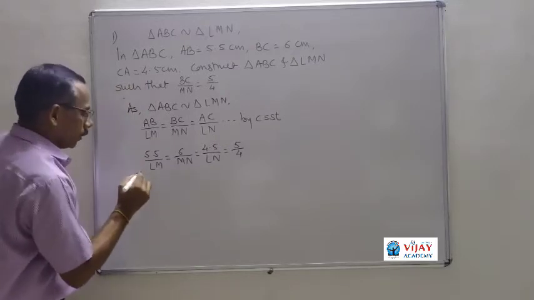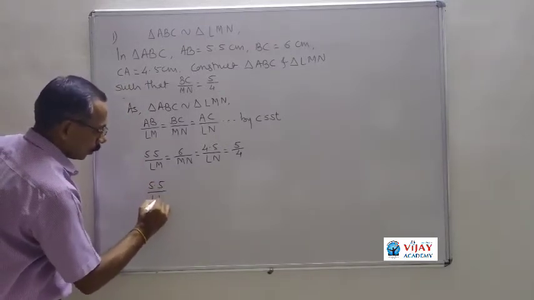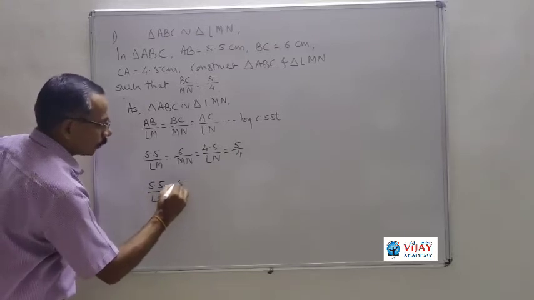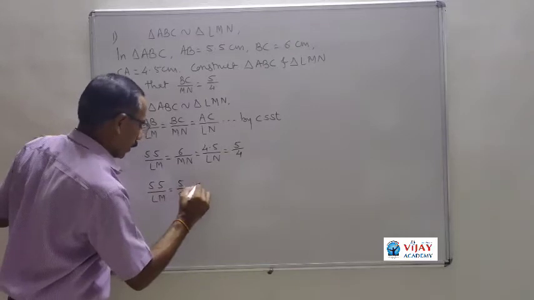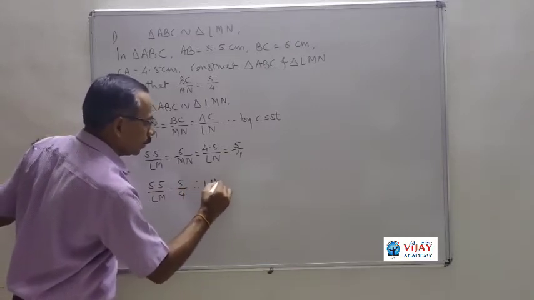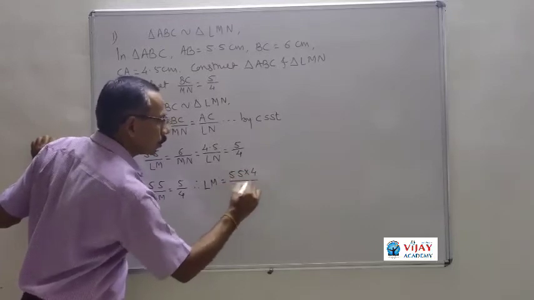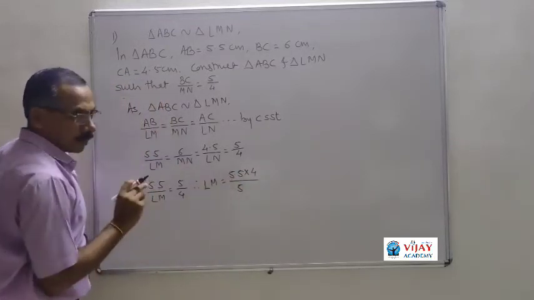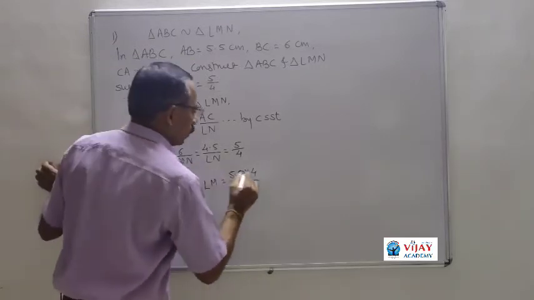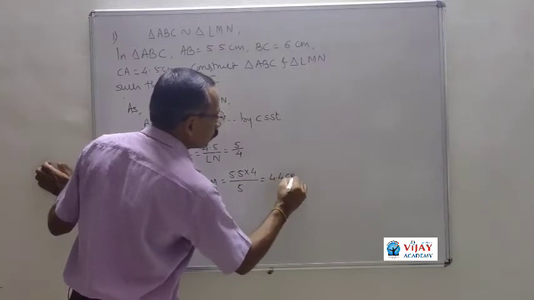Equating, 5.5 upon LM is 5/4. Cross multiplying, LM is equal to 5.5 into 4 upon 5. Dividing by 5 we get 1.1, and 1.1 into 4 gives 4.4 centimeter.